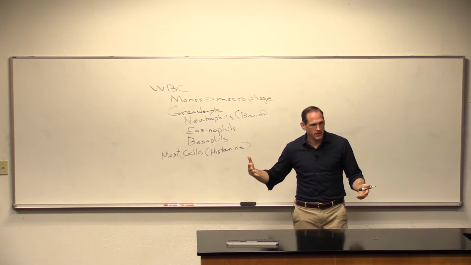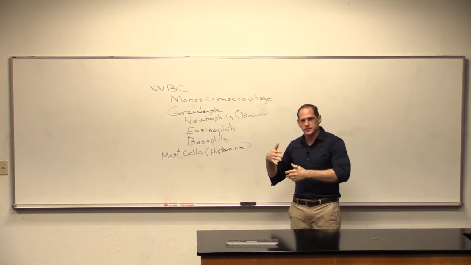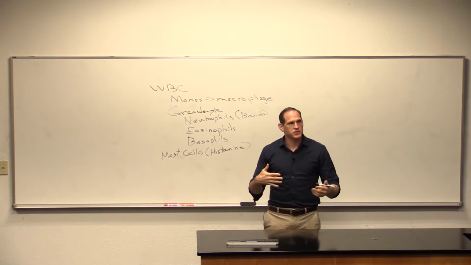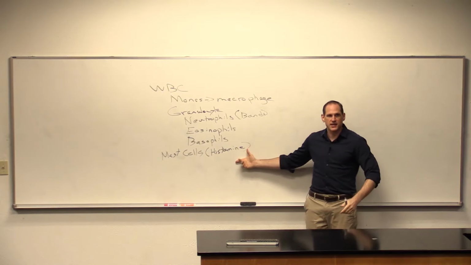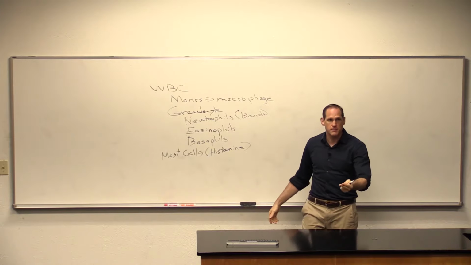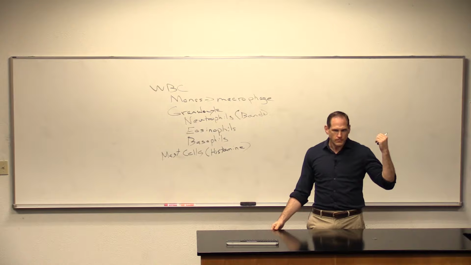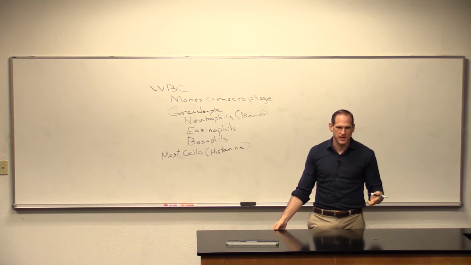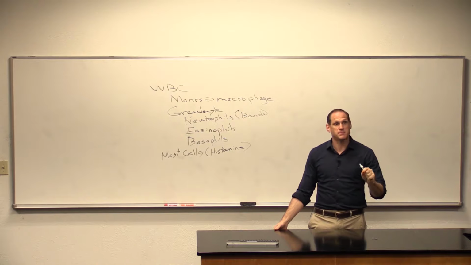So histamine is a cytokine. Remember we talked about that word earlier. A cytokine is any chemical that alters the behavior of a cell. So in this case, histamine is a cytokine that causes vasodilation, and it causes increased membrane permeability, and it's also going to sensitize nociceptors, which is actually not going to be perceived as pain in this case.